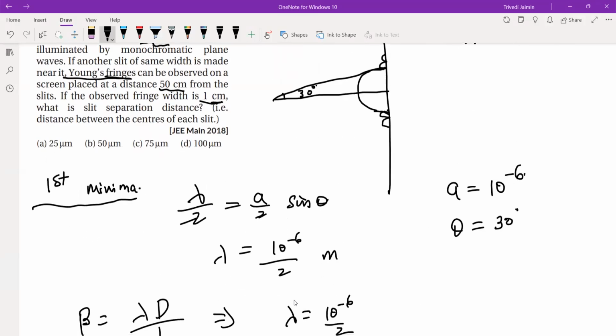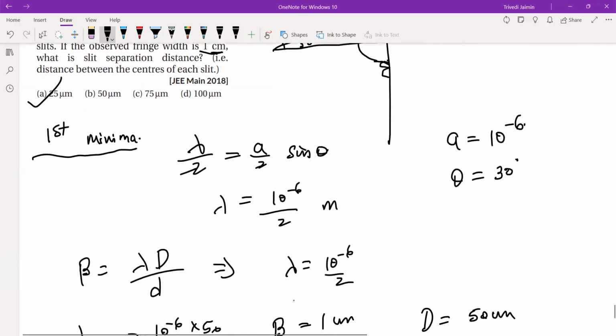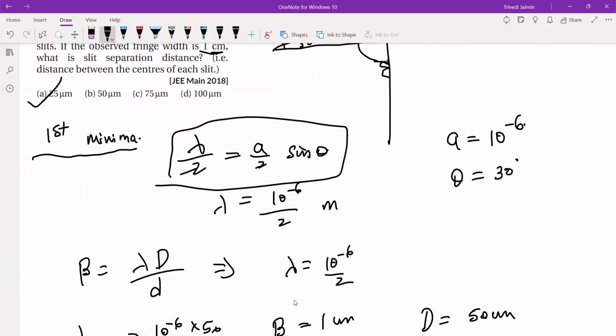We have the option, yes. This is for the first minimum value, and this is for the second. Now you will be thinking, what is this minimum value? It is the interference.